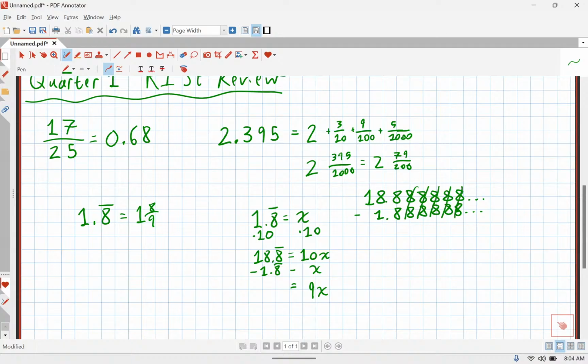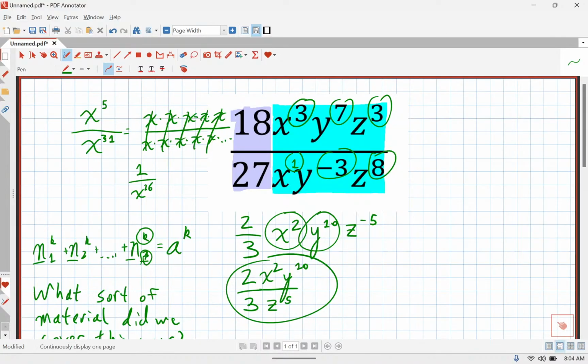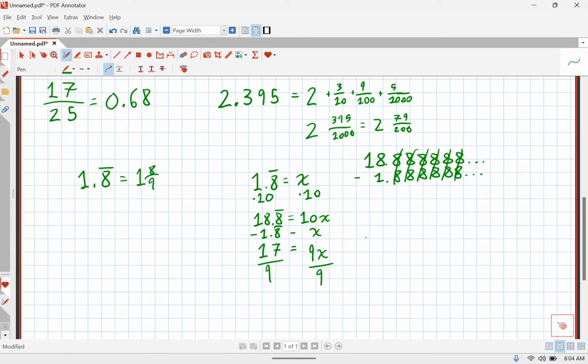Yeah, they'd be gone, leaving behind 17. Divide both sides by 9, and I get x equals 17/9, which is 1 and 8/9.